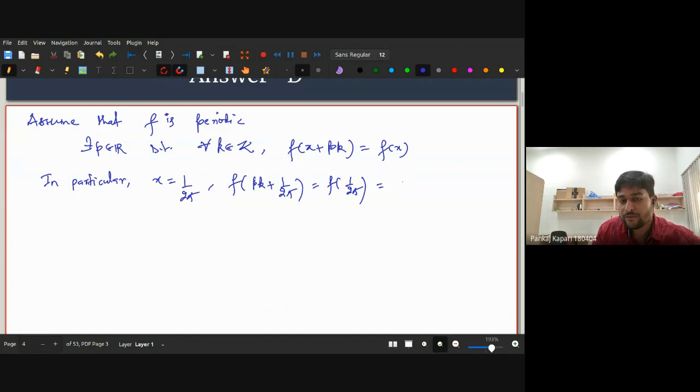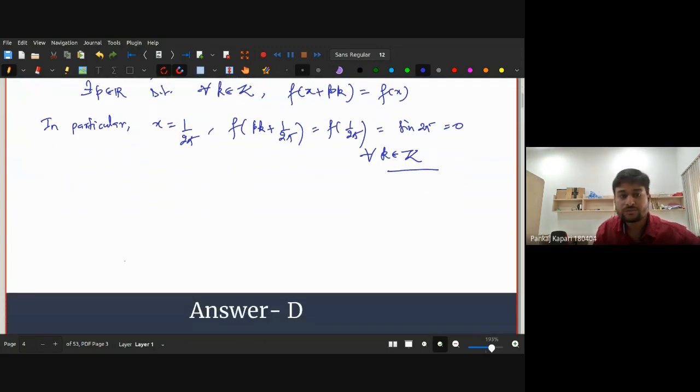But f of 1 over 2 pi is just sine of 2 pi, which is 0. So we have that f of pk plus 1 over 2 pi is always 0 for every integer k, whatever integer we choose. Now what we will do, we will choose some integer k, let's call it k naught in Z. Actually we will choose k naught to be positive.